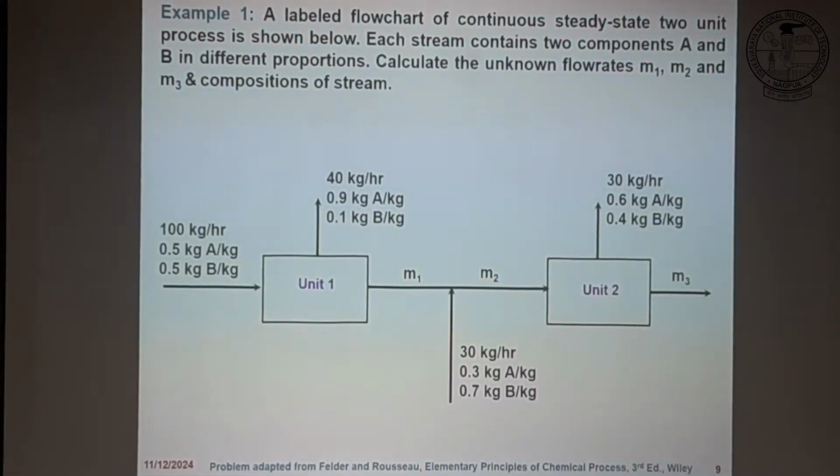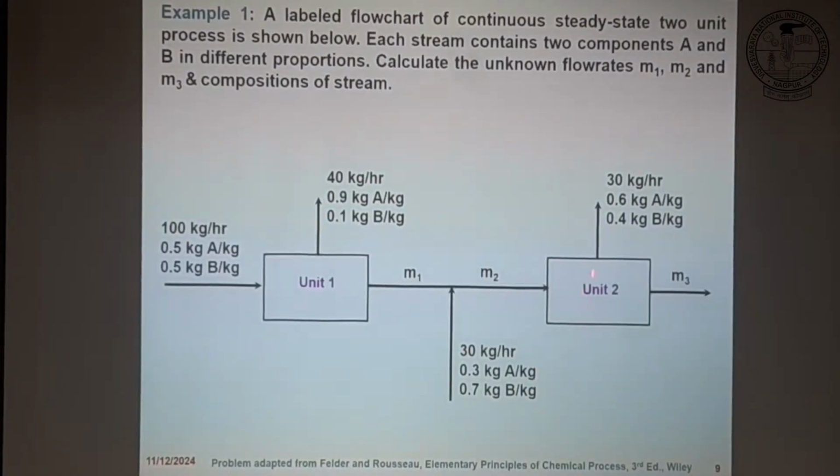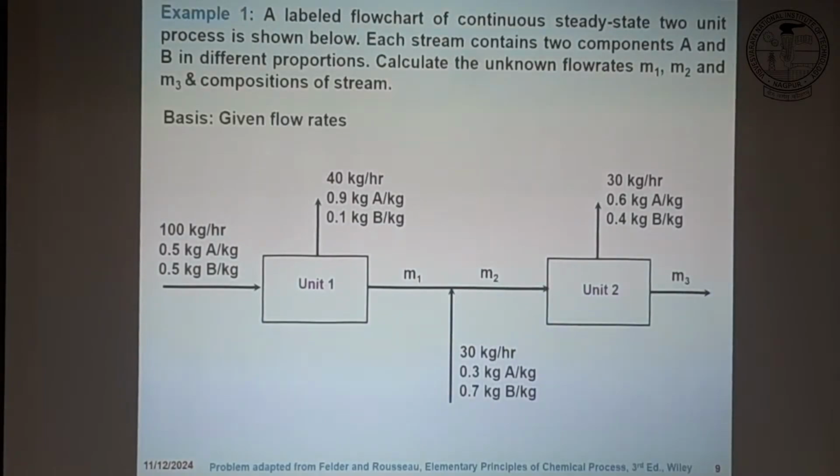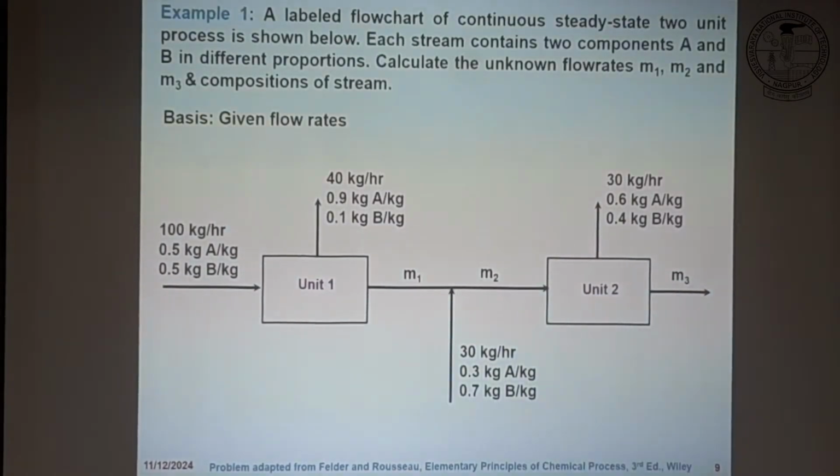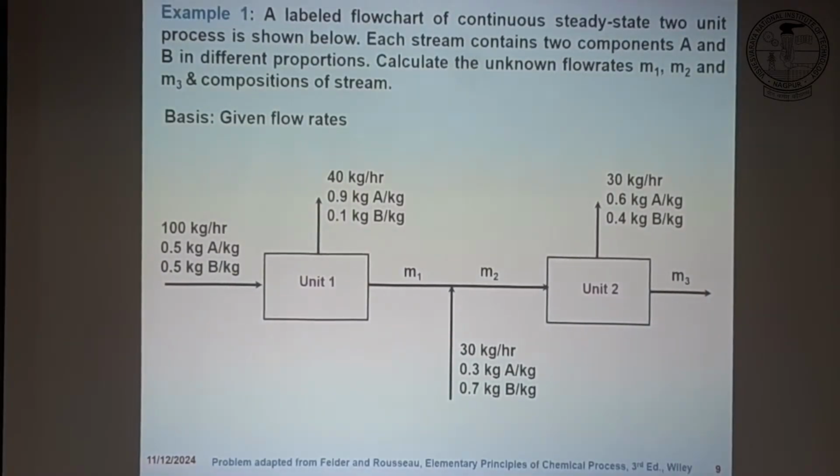So it is better to perform material balance across the total unit, because if we perform the material balance across unit 2, this is also unknown and this is also unknown, right?